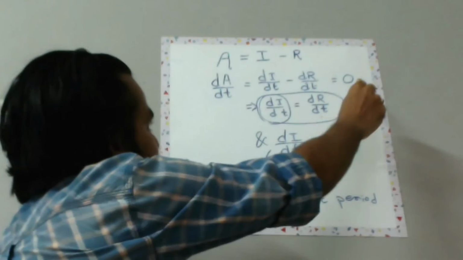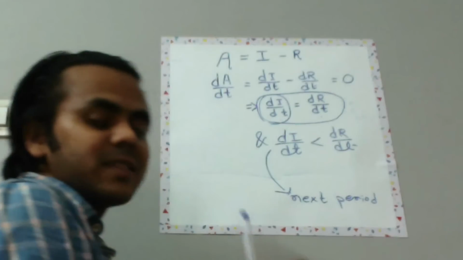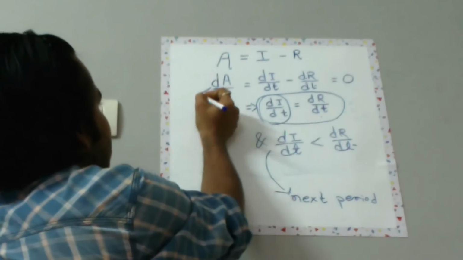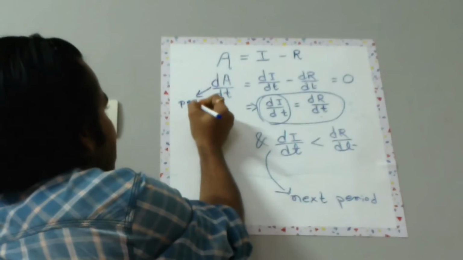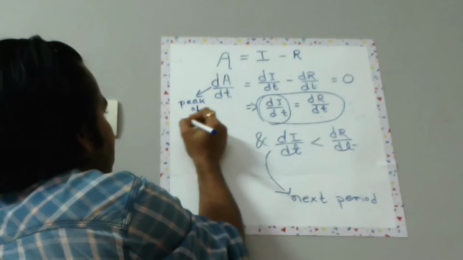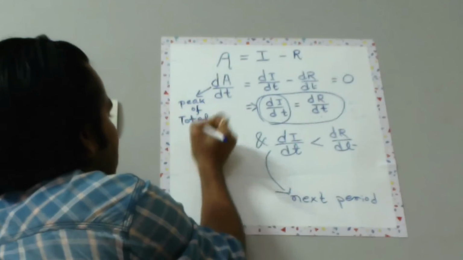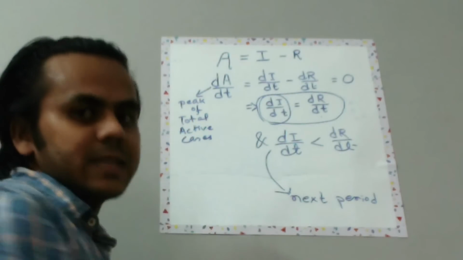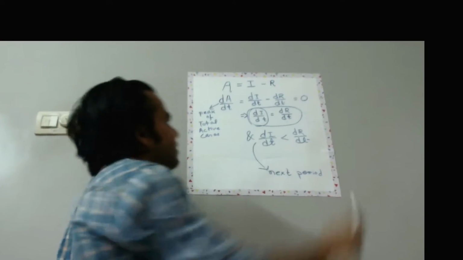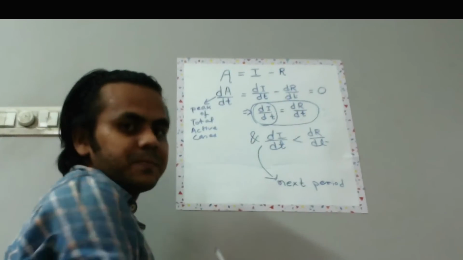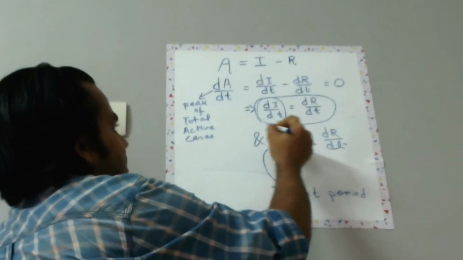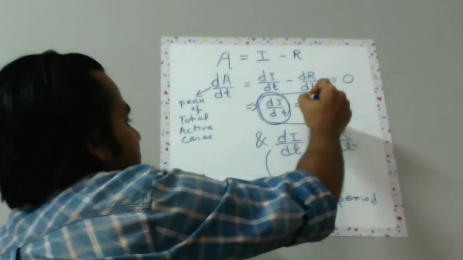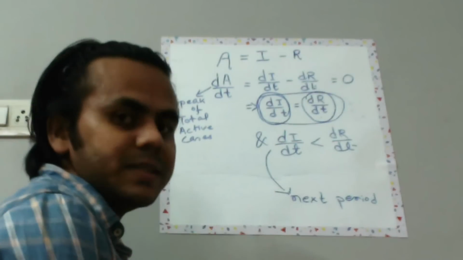And if this is equal to 0, we can say that the active cases have stopped growing, and we can say this is peak of total active cases. Now, if we simplify this, we get this, which implies that total number of infection is growing at the same rate as total number of recoveries.